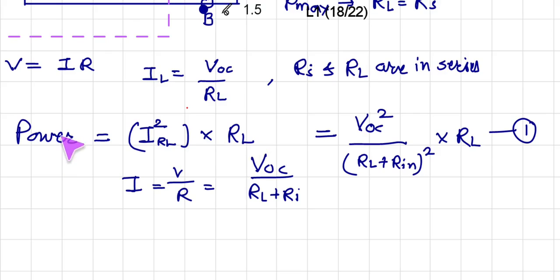So the value of power depends on the value of load resistance, and if we go on changing the value of load resistance, the value of power will also change.